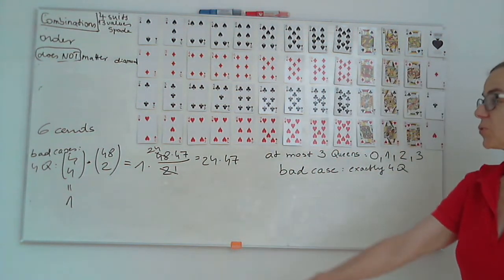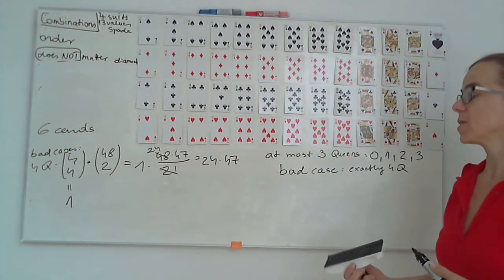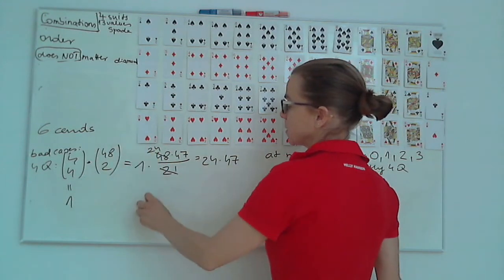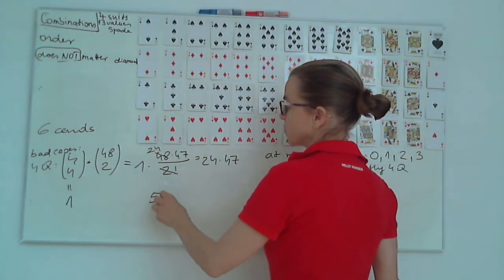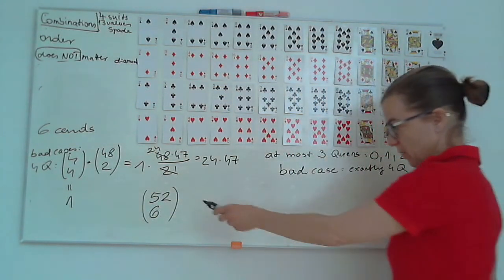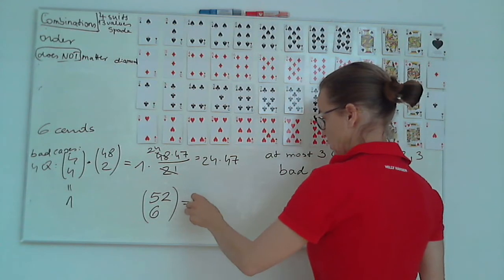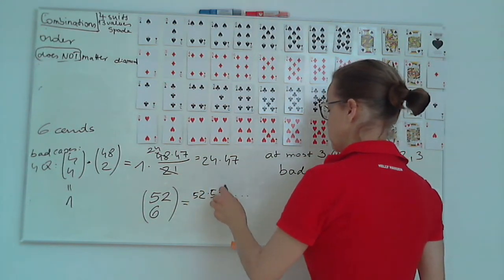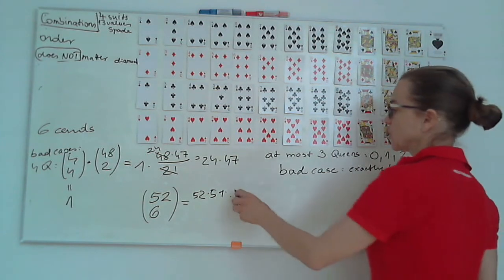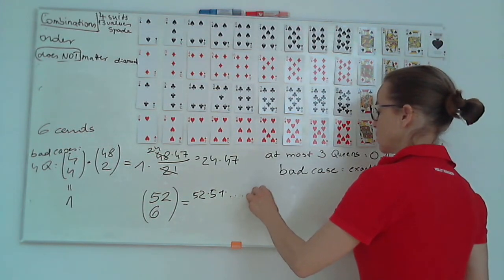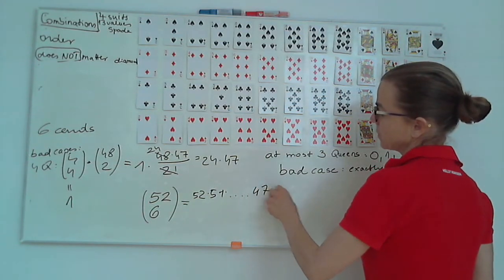And then this result is 24 times 47, which I'm not going to calculate now by head. And you have to subtract from all cases these bad cases. All cases mean I want to choose 6 cards from 52 cards, which can be done this many ways, which again I'm going to write up for you. So this means multiplying 6 numbers in decreasing order. So your last number is going to be 47.